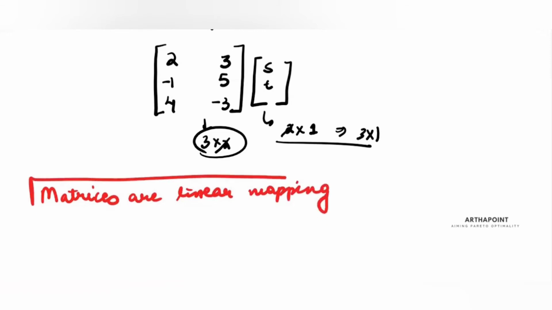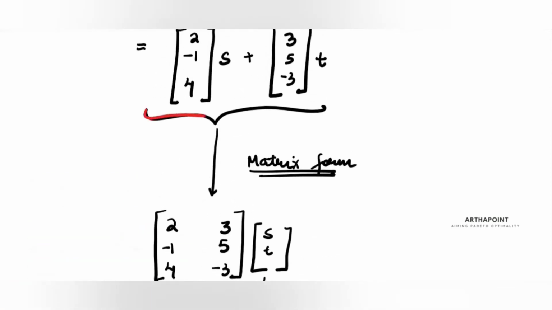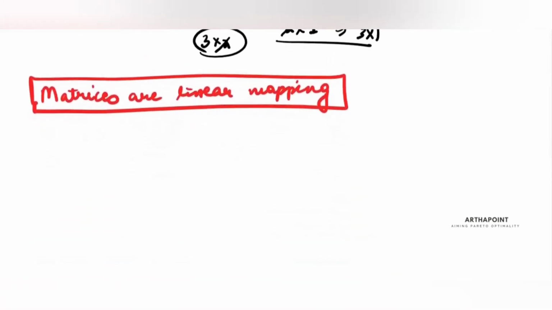Because when you form these matrices, in the background they are just these linear combinations or linear transformations of the vectors. So they are automatically linear mappings. Now, if we understand what a linear mapping is, then we should try and understand an important topic called kernel and image of linear mapping.